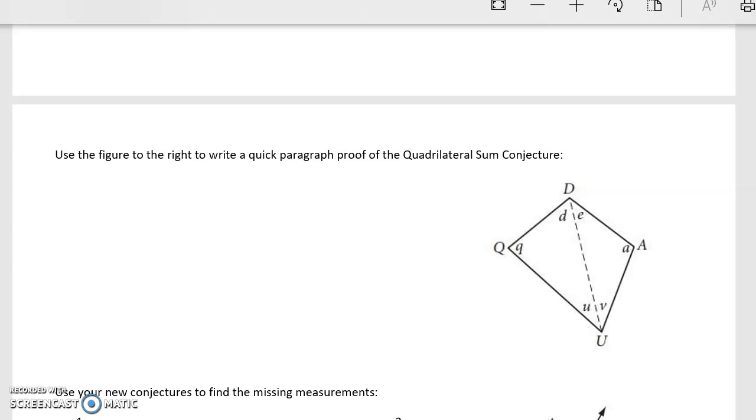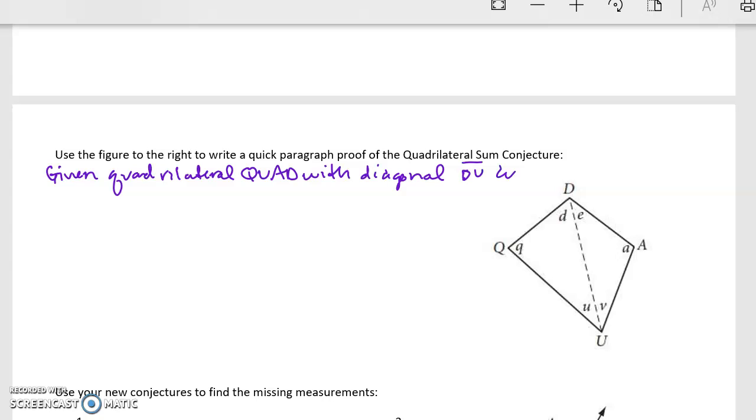So we are given quadrilateral QUAD with diagonal DU as shown.